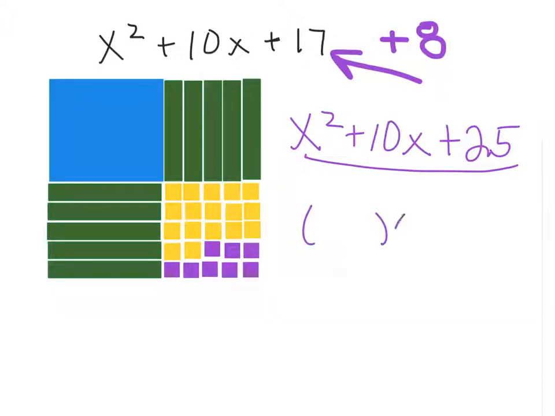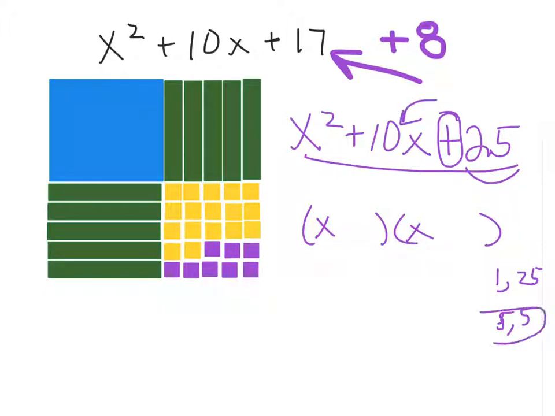So when we factor that, remember how to factor. The only factors of x squared are x and x. The factors of 25 are 1 and 25 and 5 and 5. So we have to pick a set of factors that when they add up equal 10. And so our factors are going to be 5 and 5.